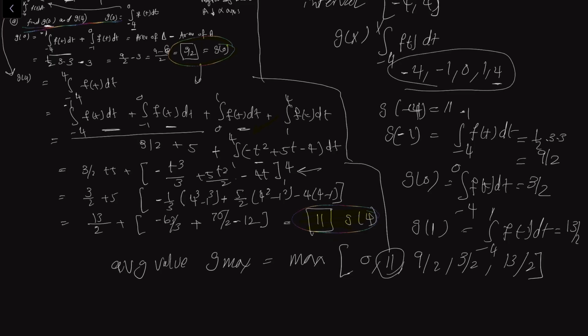So the maximum value here is 11, and 11 occurs when x equals 4. So that means the absolute minimum value is at x equal 4. All right?